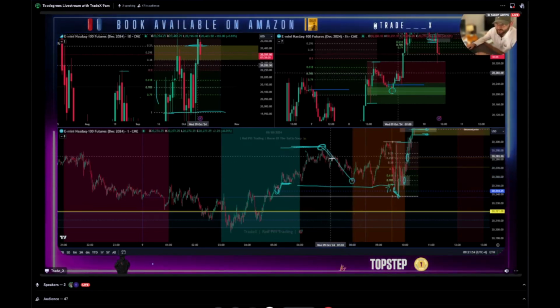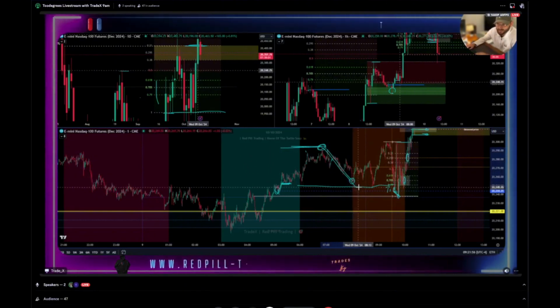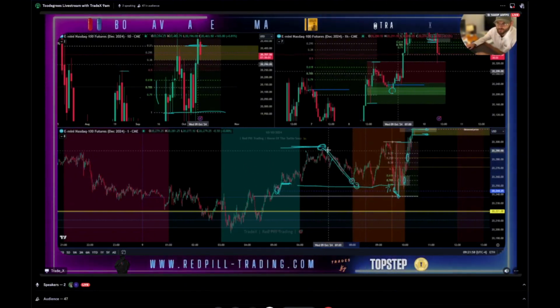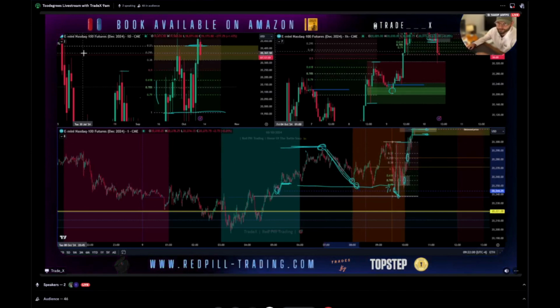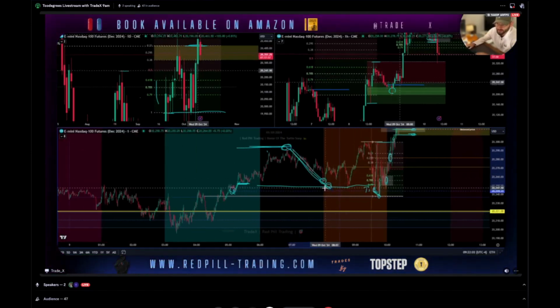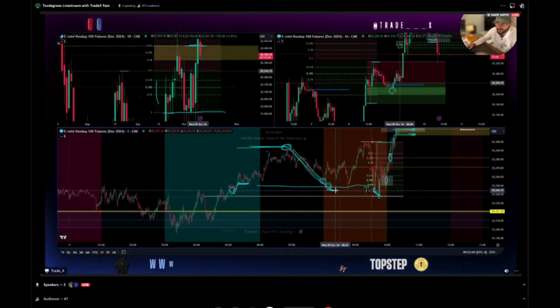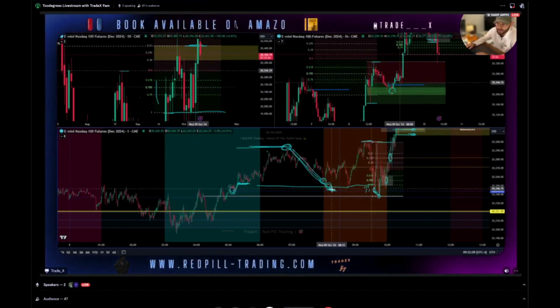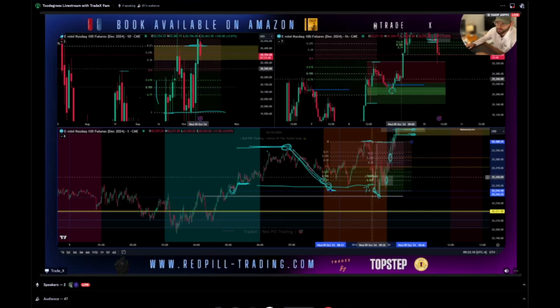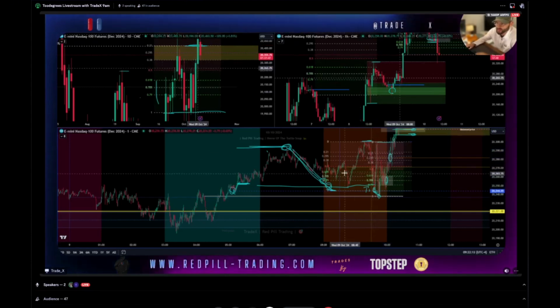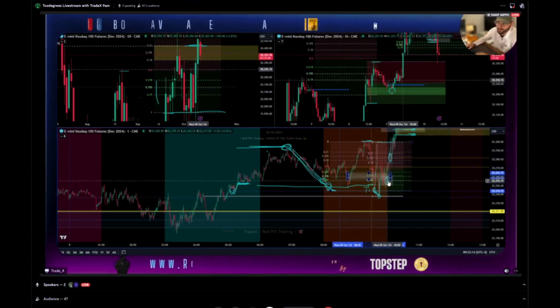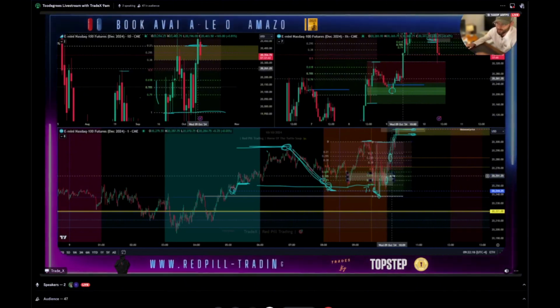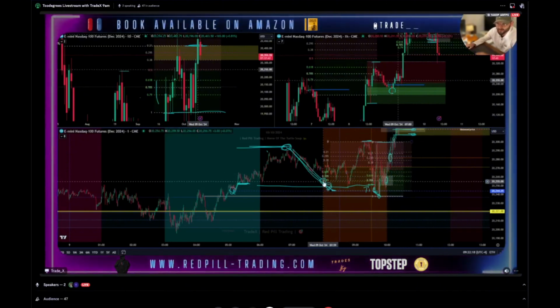If you get a valid sweep pre-8:30, you measure this range, the very low to the high going into the open, and you seek a discount to frame an entry. So this is where you would have been looking to go long, inside of a discount. However, this was not a valid sweep.